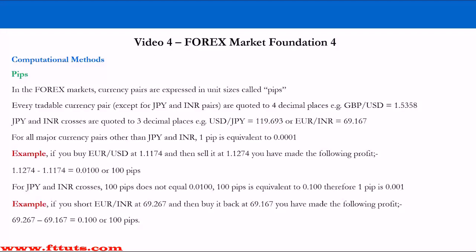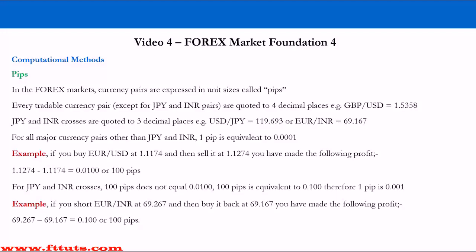And for Japanese yen and Indian rupee, 100 pips is basically equal to 0.100, and 1 pip is spot 0.001. So, for example, if you went short the Euro Indian rupee cross rate at 69.267 and then bought it back at 69.167, you will have made 100 pips.